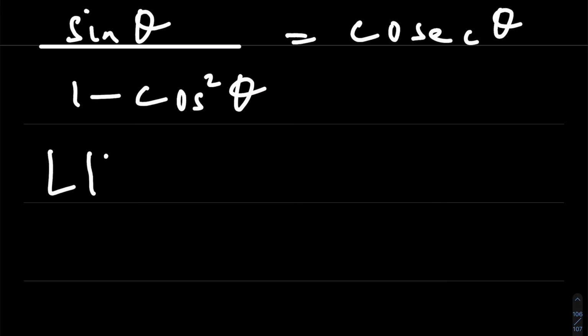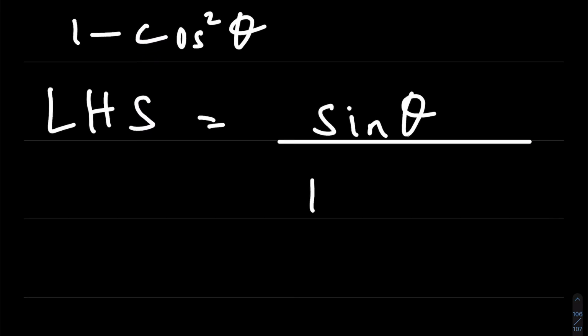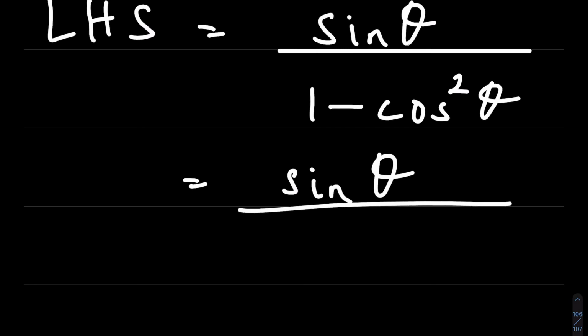The left hand side, as usual, is sine theta all over 1 minus cos squared theta. And we know that 1 minus cos squared theta is the same as sine squared theta. So this simply means sine theta over sine squared theta.